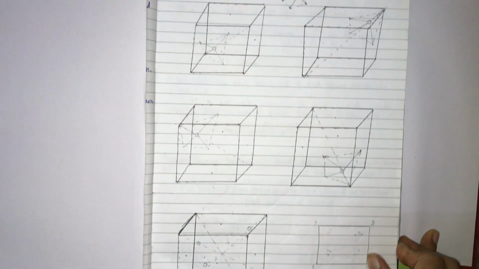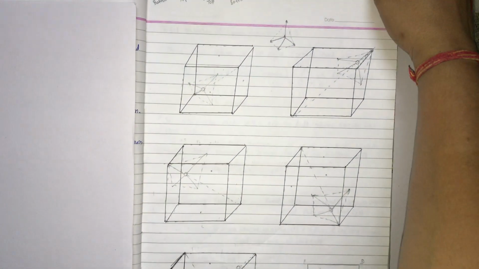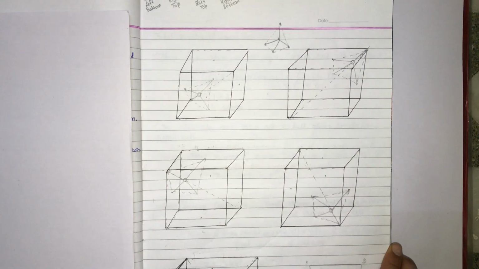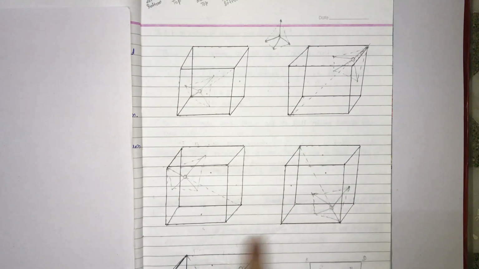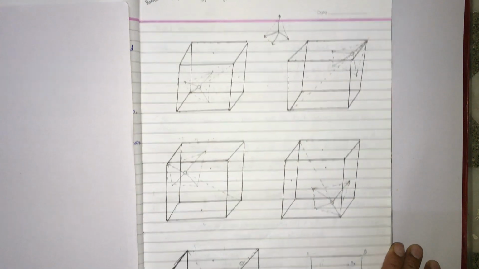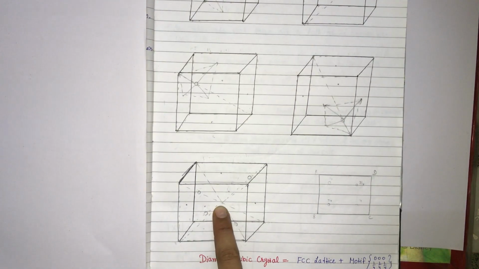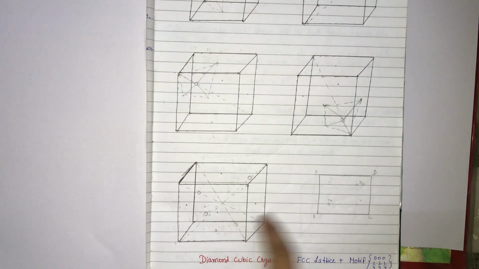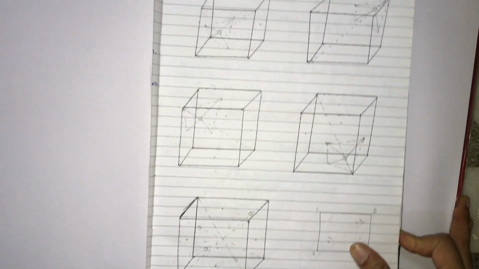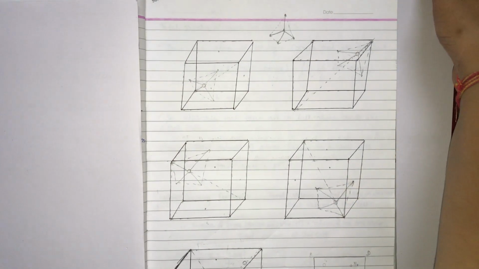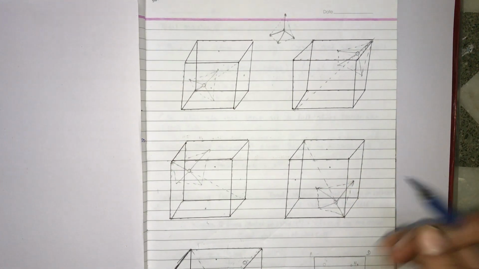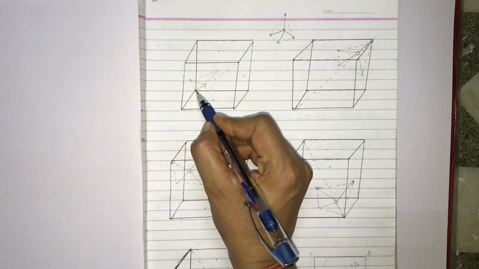To understand this body diagonal position, I have marked all the four carbon atom locations along the body diagonal in different unit cells, and after that we will join them in a single cube to avoid the complexity of this diamond structure.